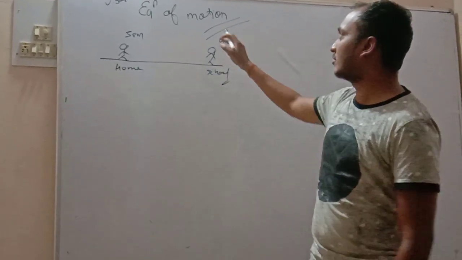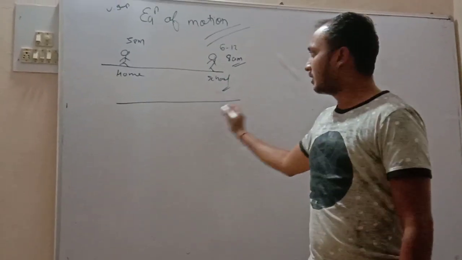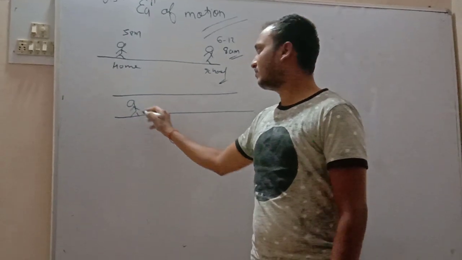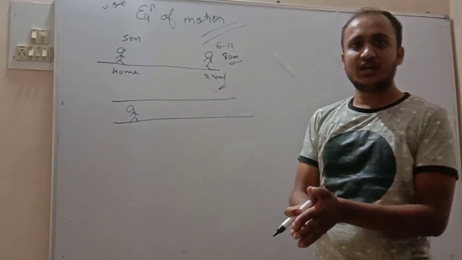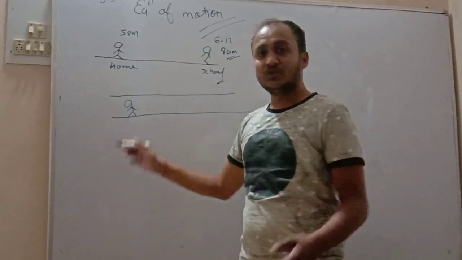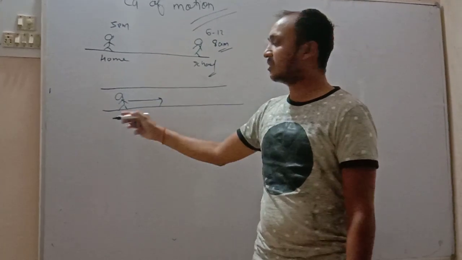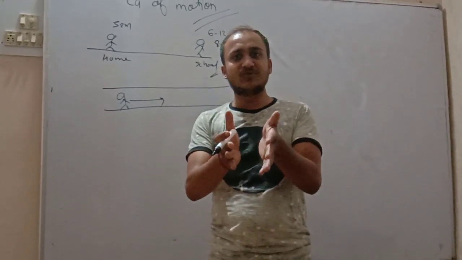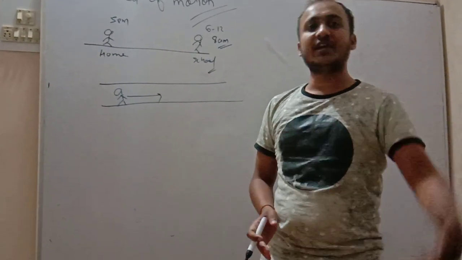So here in equation of motion, the constraint is that the body must go in a straight line. Imagine there are two very narrow walls and you are constrained to go straight. You cannot go here or there, because the two boundaries restrict you to go in a straight line.